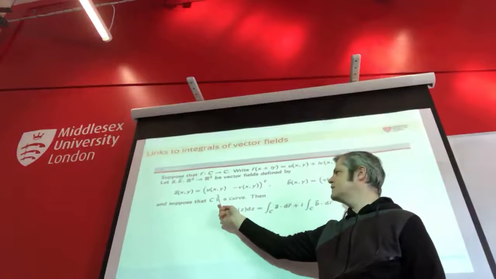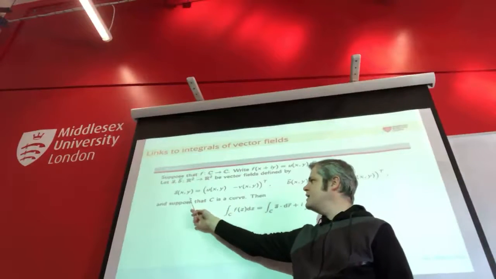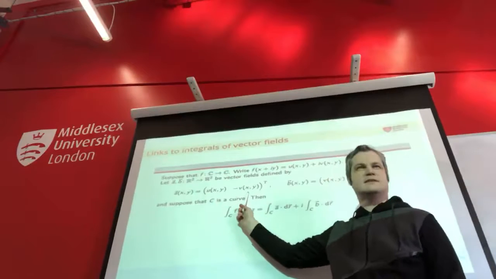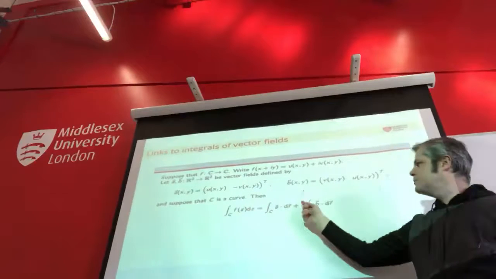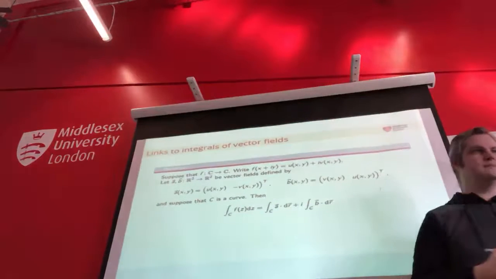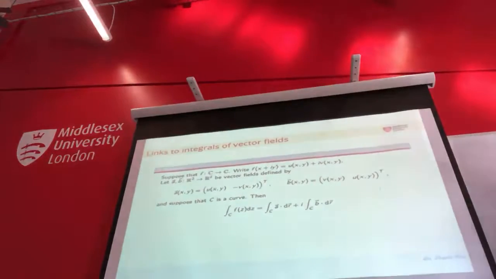A is the vector field where you've got u in the first coordinate and minus v in the second coordinate. And B, you've got v in the first coordinate and u in the second coordinate. So it's kind of, the coordinates have swapped over.